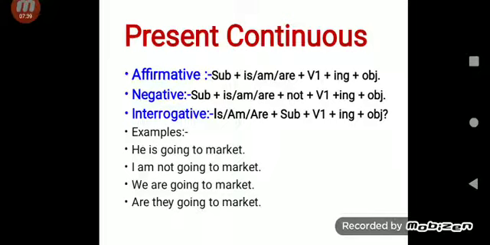So here are is an auxiliary verb, they is a subject, go is verb's first form plus ing, then to market is object. Then it is misprinted: here a full stop is written after that question sentence. You have to write a question mark.